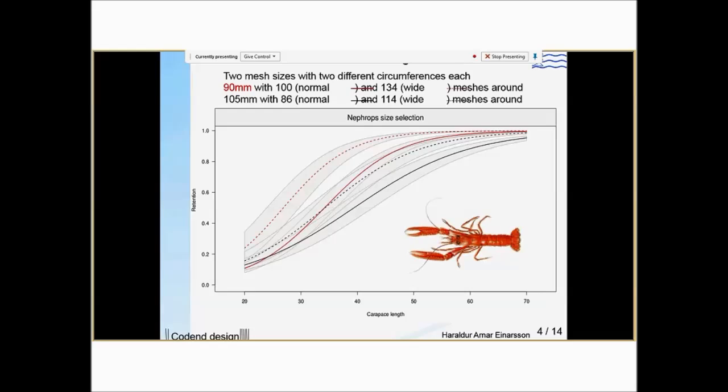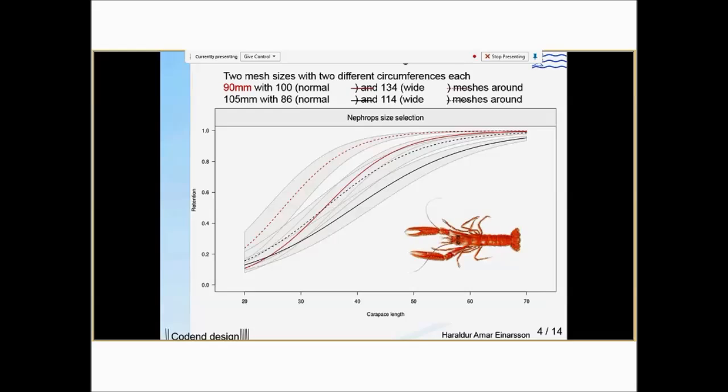But if we have the wider codend, we get nearly the same as the normal one where they are usually used. But the thing is, there are no regulations about the circumference of the codends, only the mesh size. But as you can see, the circumference is almost as much a factor as the mesh size, right? So that is the situation. That is the lesson of this trial.